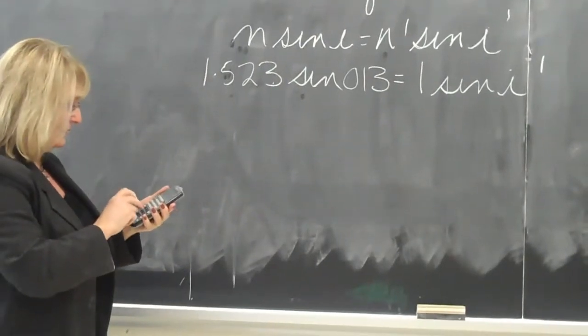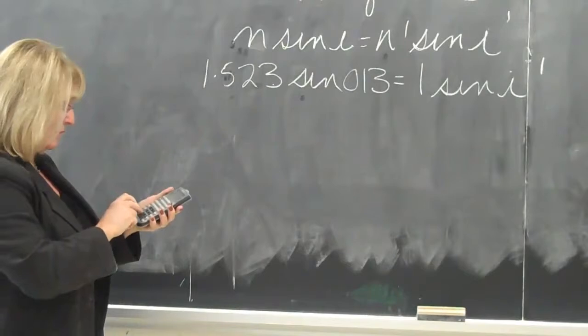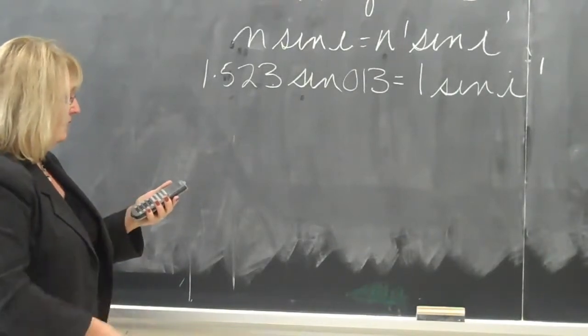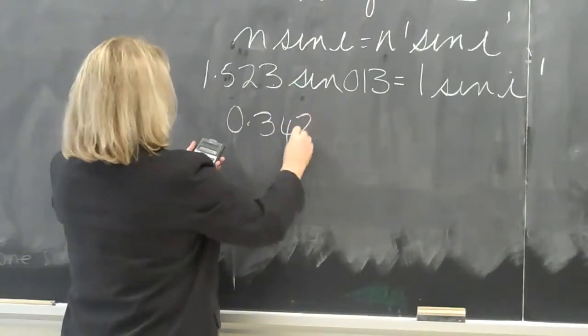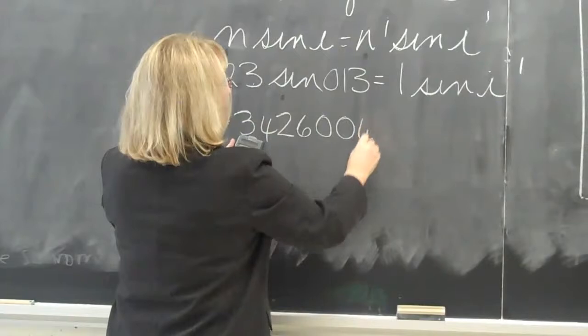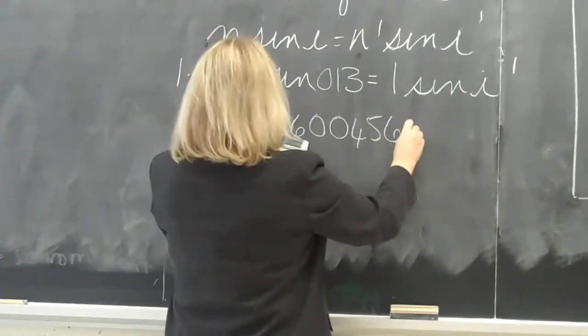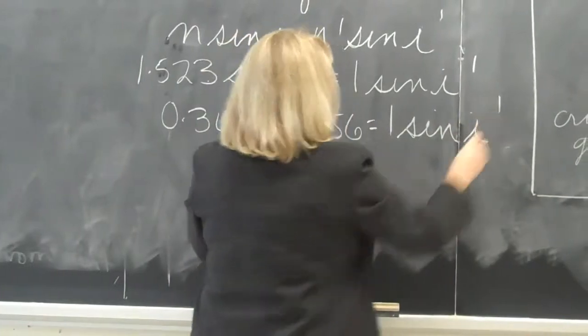So 13 sine times 1.523, and it comes out to be 0.342600456, equaling 1 sine I primed.